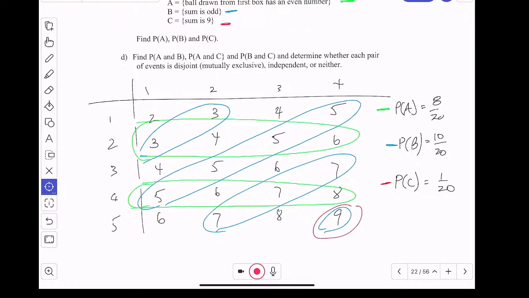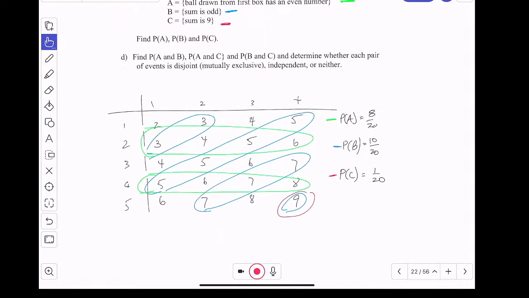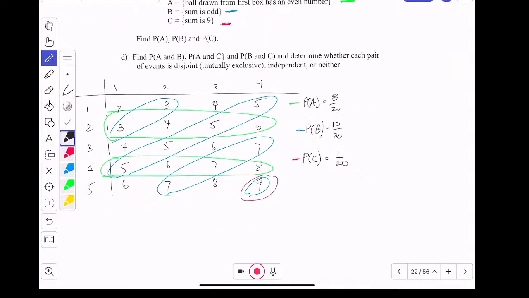All right, so let's see. Let's take A and B first. And what's the chance of A intersecting with B?